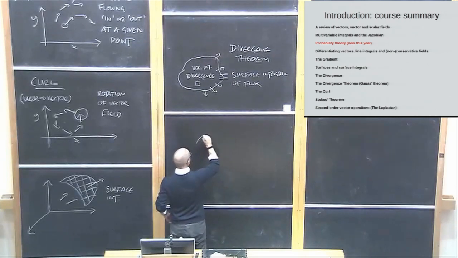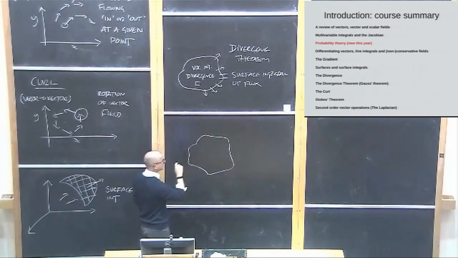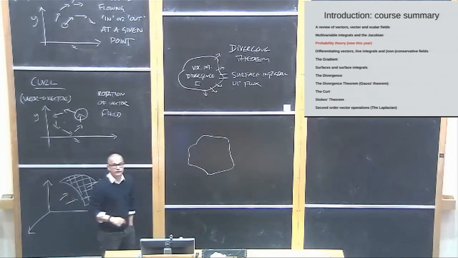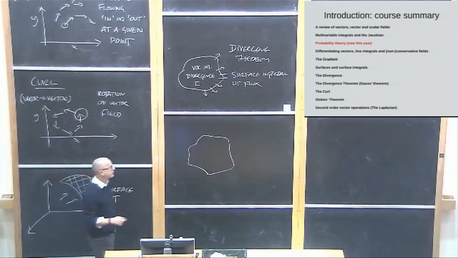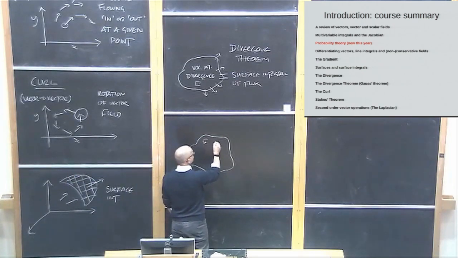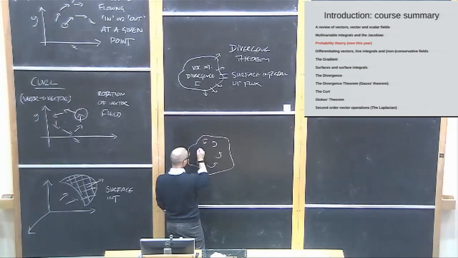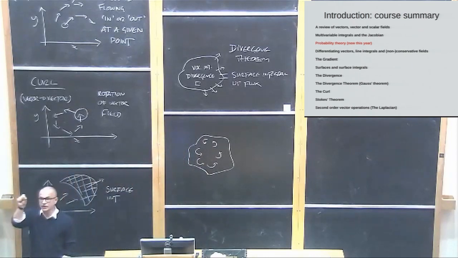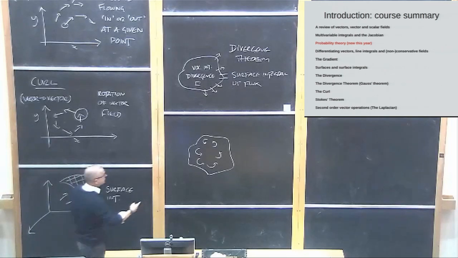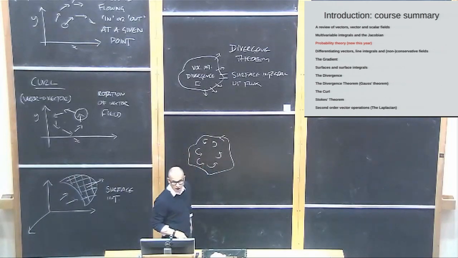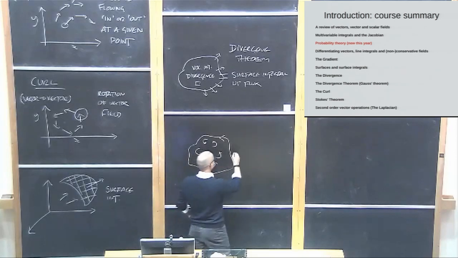Good. So Stokes' theorem says, and I'll now illustrate this in a two-dimensional case, that again, if I have some surface embedded in a vector field, then the sum of the curls within the area of that surface, remember, the curl measures the rotation of the field at every point, the sum of all of those curls equals the line integral around the boundary of that surface.